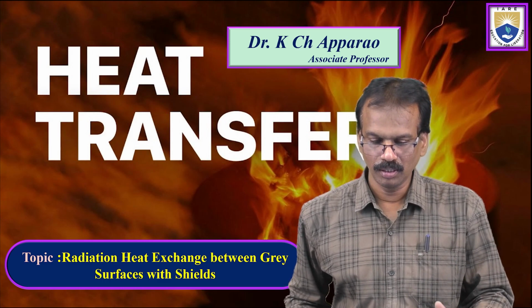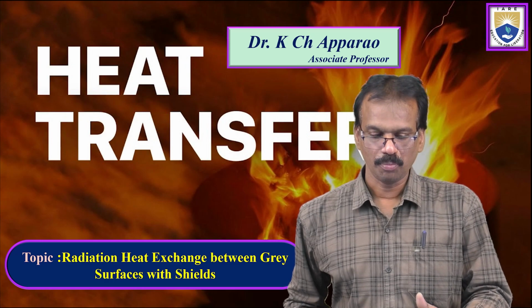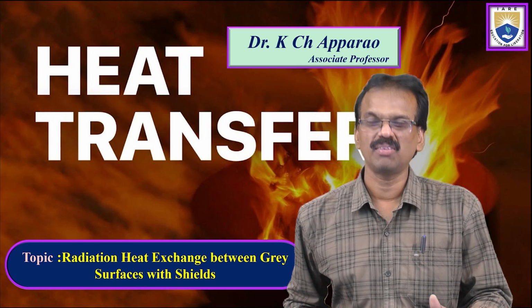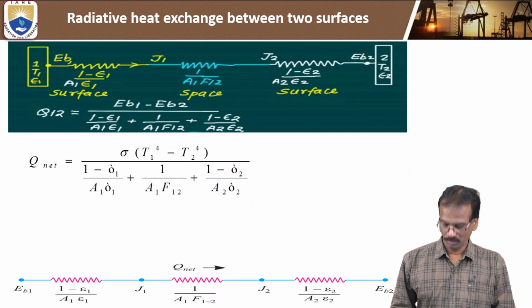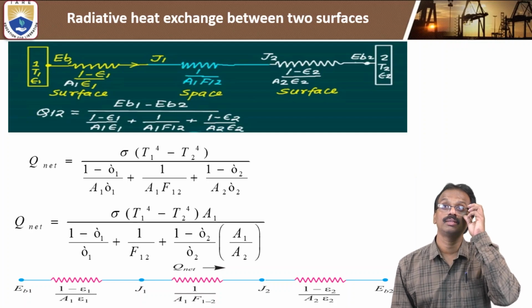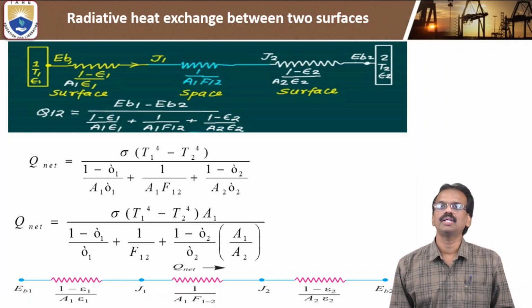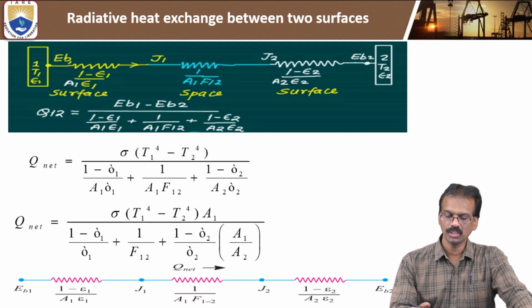I want to refer to the topics which are already covered in the previous class. You know that we derived this formula in the last class. It is the radiation heat exchange between two surfaces.